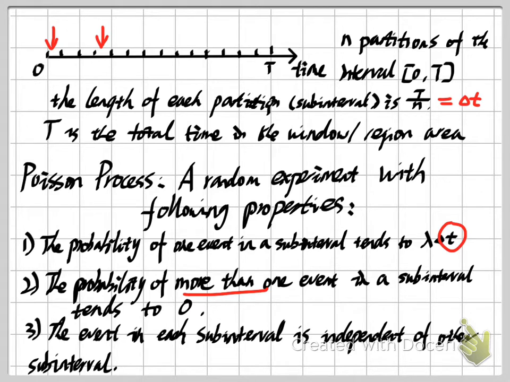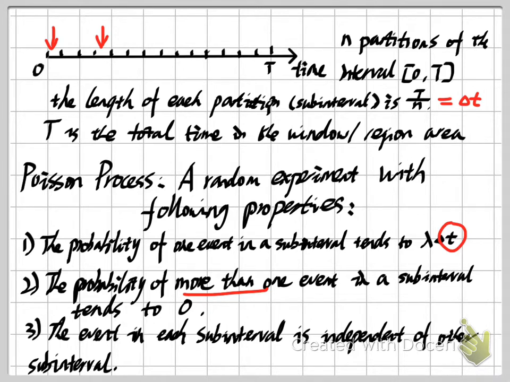then consider the first requirement. It means the probability of one event happening in a separate interval depends on a constant times the length of this subinterval. For example, for 1 month, it means a constant number times 1 month. If the subinterval is 1 year, then we use a constant number times 1 year.